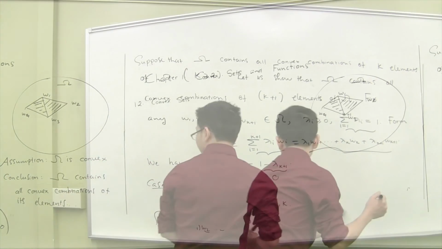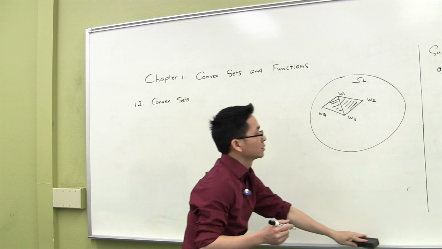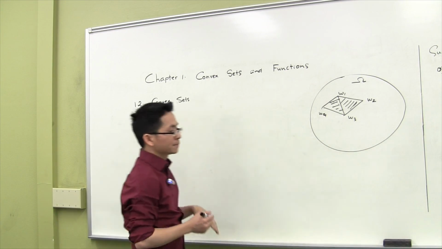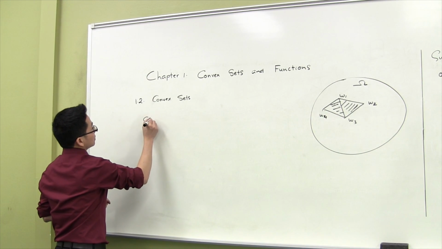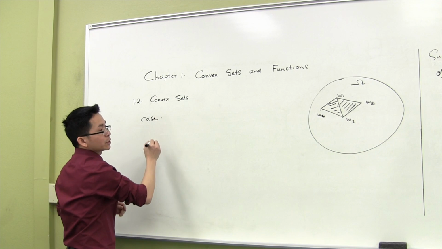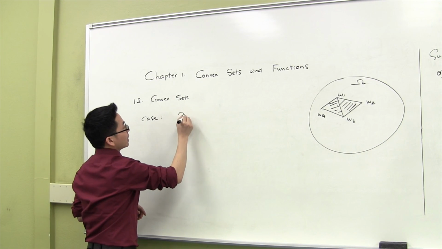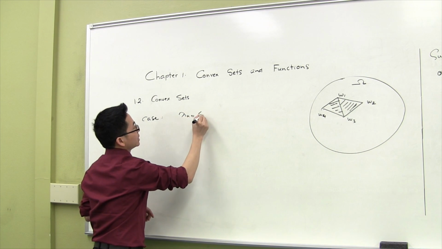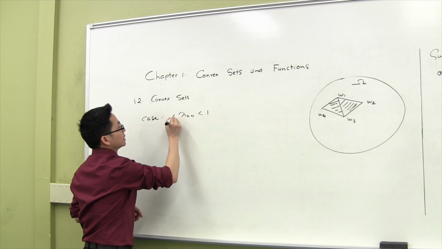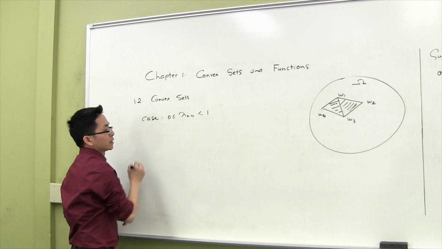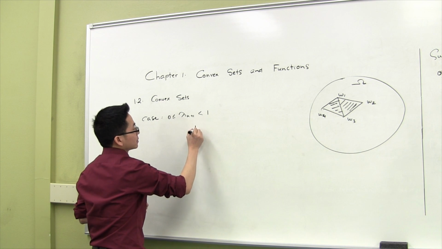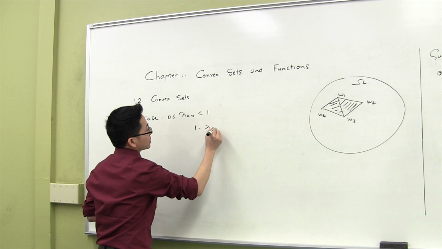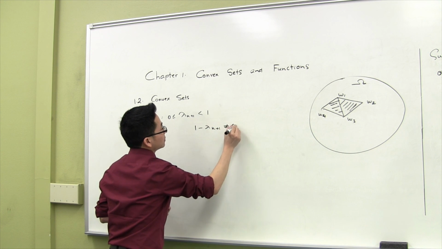Okay, now let's move on to the second case. In the second case, we suppose that lambda k plus 1 is strictly less than 1, and obviously it is greater than or equal to 0. In this case, 1 minus lambda k plus 1 is non-zero.